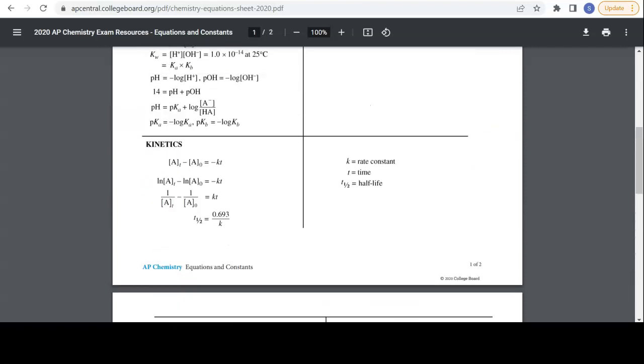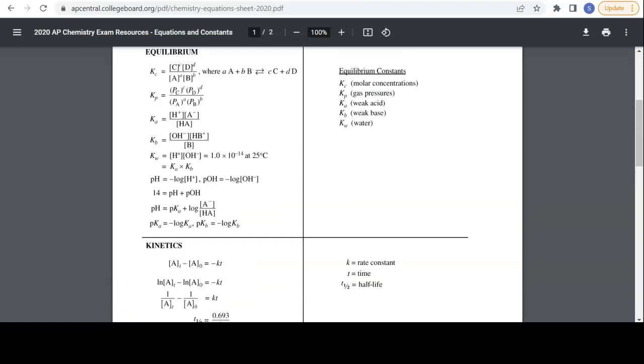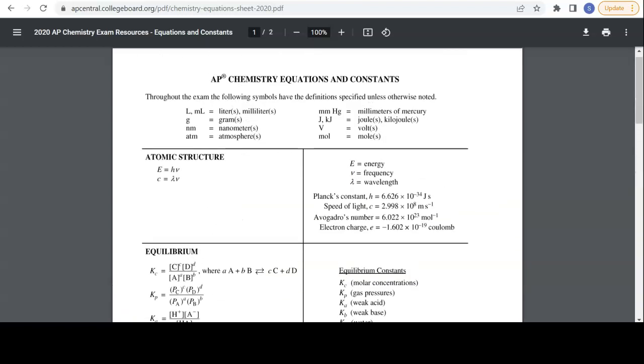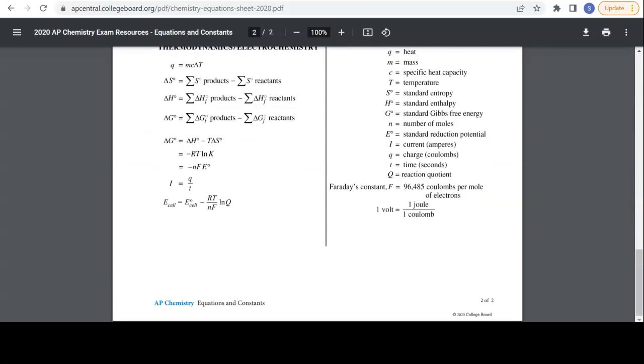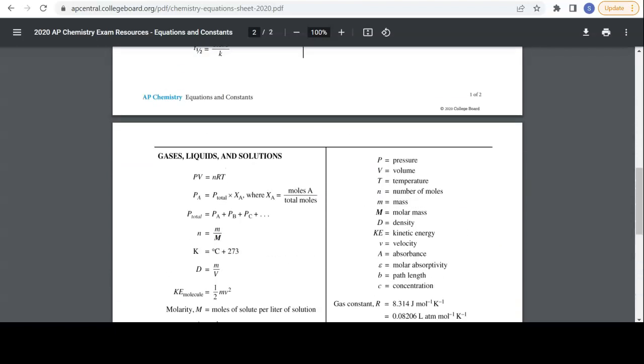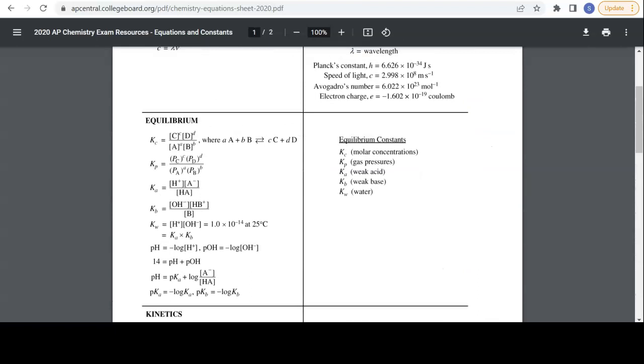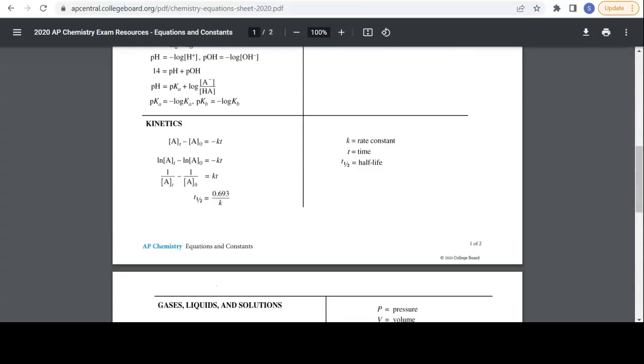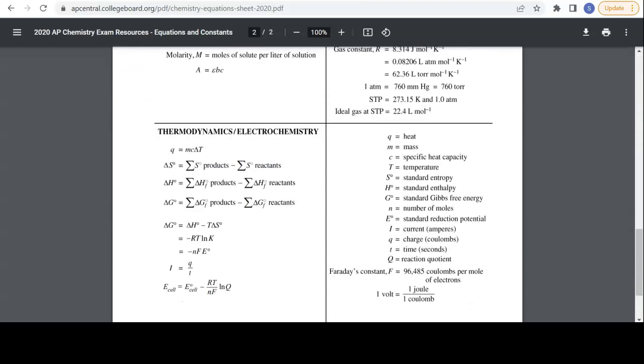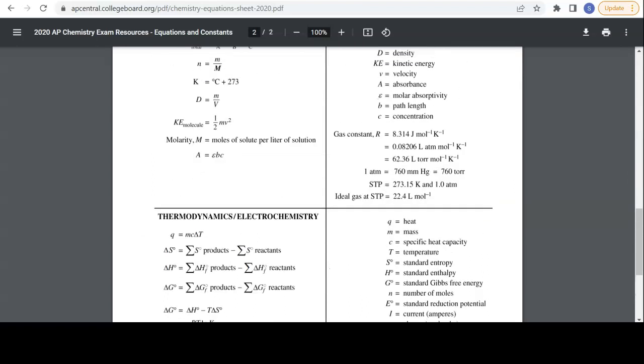And in some cases, like for example, they give you these integrated rate laws, but they don't tell you which one is which. So again, it's just a very good idea really for all your tests to take a look at these in advance and be aware of what's going to be provided to you, and maybe even, if you want to, where it's going to be located on the sheet.